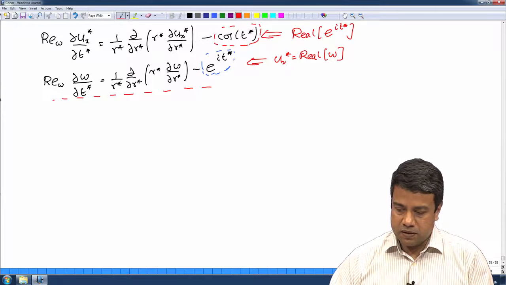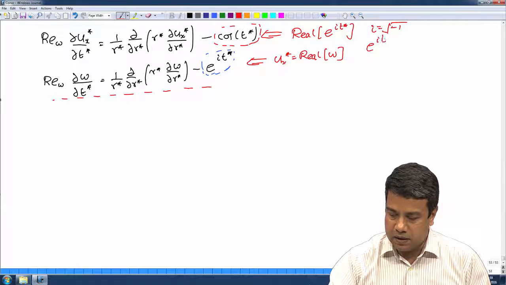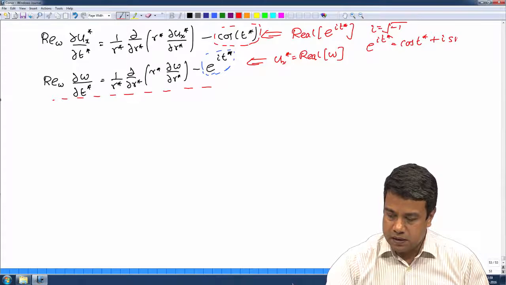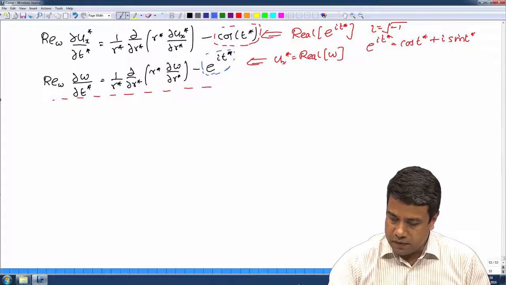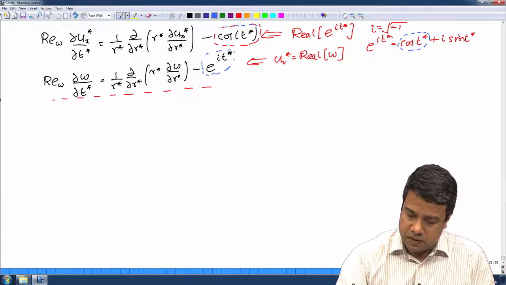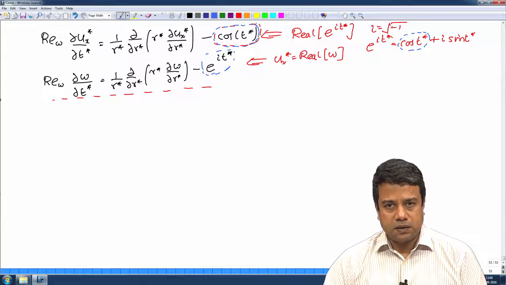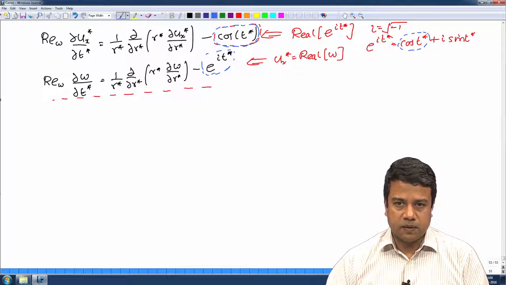I should note here that I is equal to square root of minus 1, and e power I t can be written as cos t plus I sin t. Therefore, the real part of e power I t is just the cos function, which was the inhomogeneous term here. So, the strategy for solving is as follows. I will solve this equation for w.